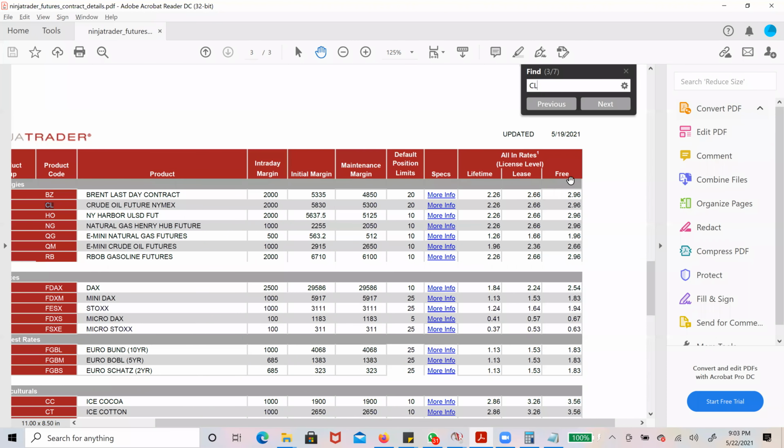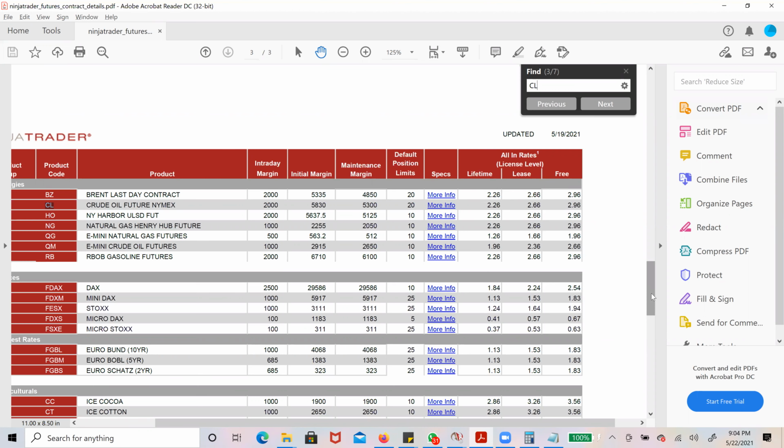Every time you take a position, let's say you have a free version of the NinjaTrader and you want to take a CL or crude oil position, you are basically paying $2.96 to go in. When you buy it, you are paying $2.96 to the NinjaTrader. When you sell it, you are paying $2.96 to the NinjaTrader for the fees. If you have the lifetime, you are paying $2.26 for buying and $2.26 for selling.